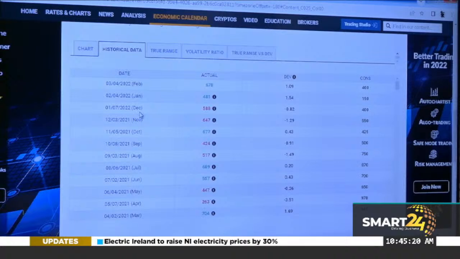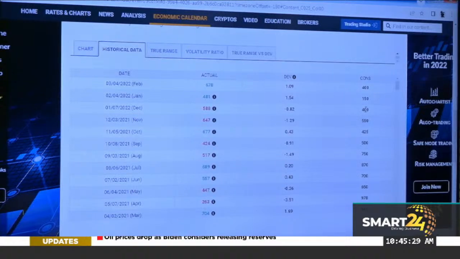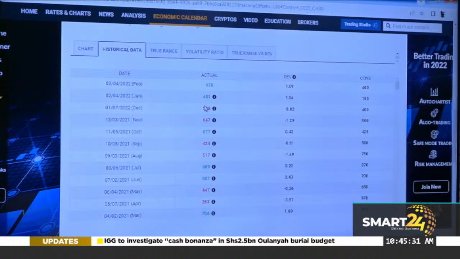In December, the previous figure was 647. What was expected was it to drop to 400, and there was a slight drop to 588. That was another heartbreaker for so many people. So you can see the trend that has been there. I think the biggest heartbreaker was the one for January, where the previous figure was 588 and the consensus was 150, and the actual figure came out as 481.